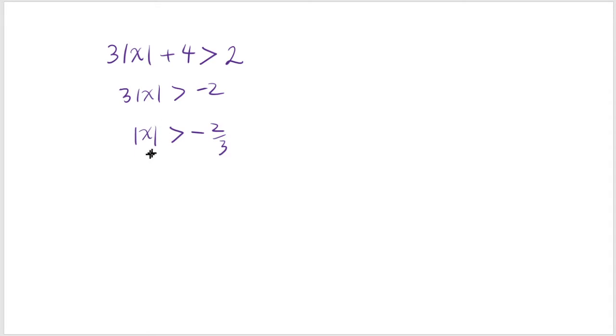In this case, we know that this is always positive, and you're asking this to be bigger than a negative number. So what does that mean? That means it's always true.